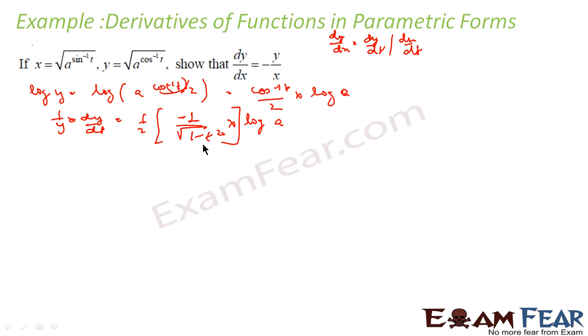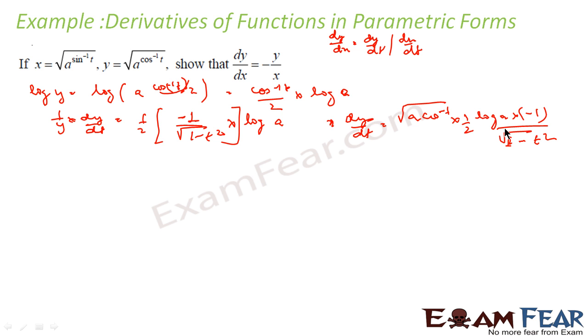This is the one I'll get, because 1 by 2 log a is constant, so cos inverse t becomes minus 1 by root 1 minus t square. So from this I get dy by dt as nothing but y into, so what is y? y is root a to the power cos inverse t into 1 by 2 log a into minus 1 by root 1 minus t square. So this is my dy by dt.